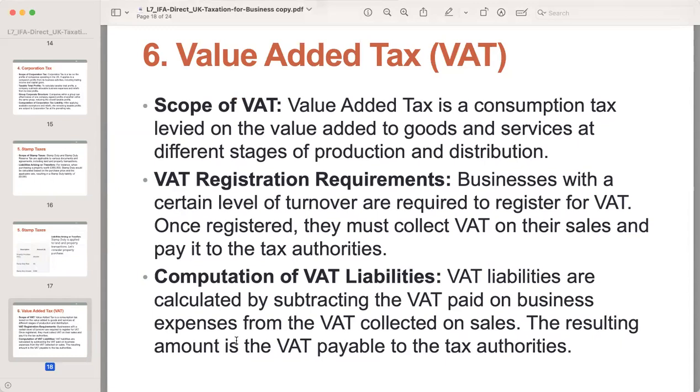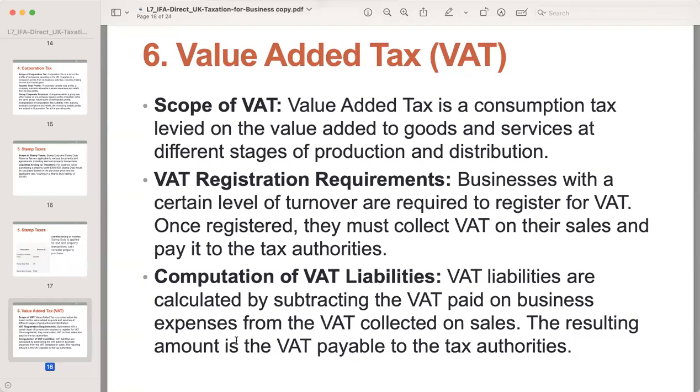So VAT is like a tax that appears when goods, like stuff we buy, or services, like things people do for us, are made. Picture it as a kind of tax that sneaks in at each step of making or selling things. Let's say you run a business and you sell some things for 100 pounds.